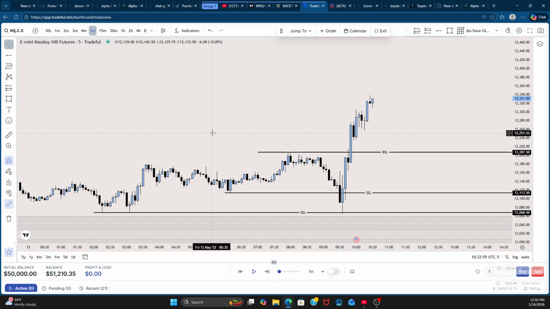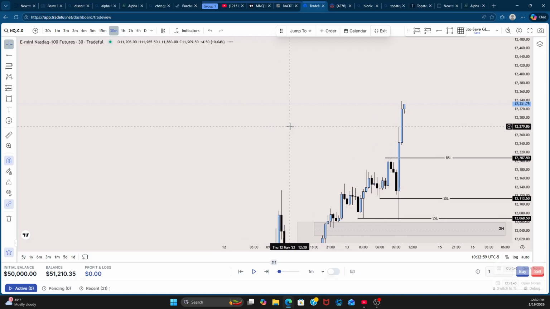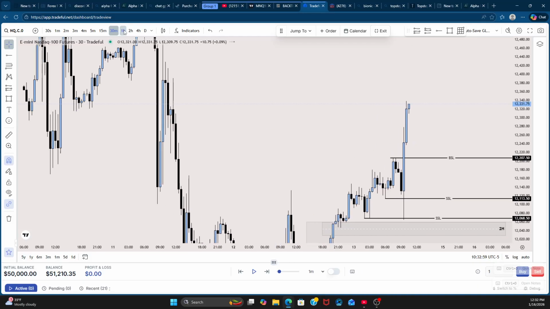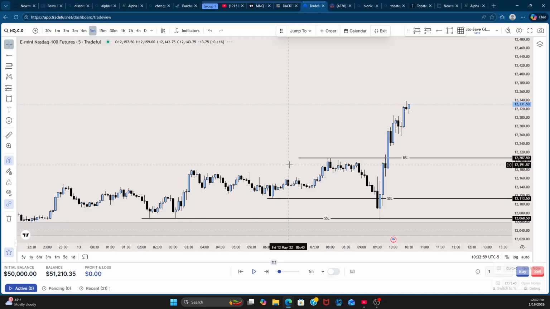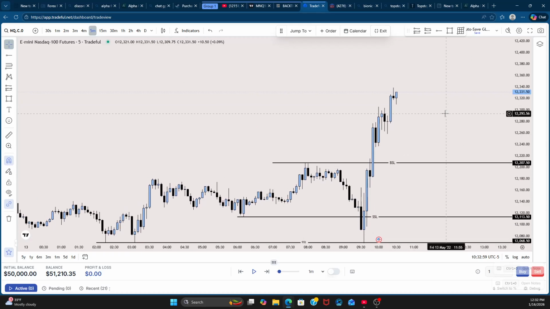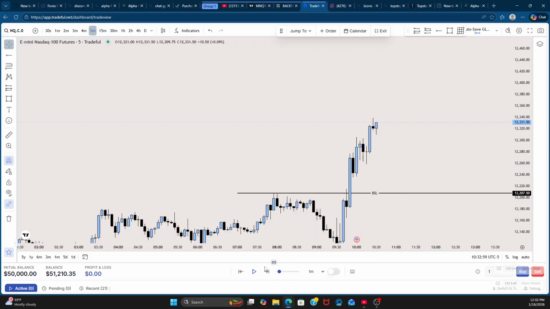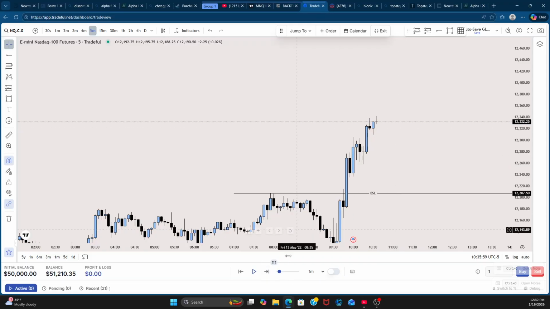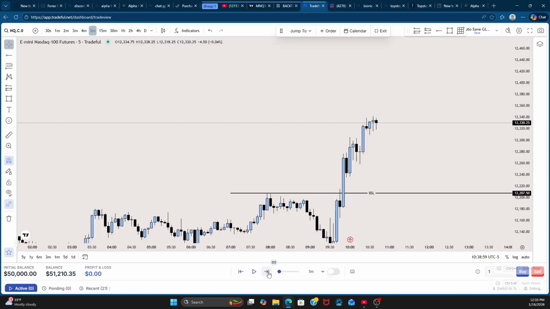Or not, you know. 30-minute gave that inversion now. Can we get a pullback? We have one right here. I'd like to see a little bit of a deeper fill at 10:40. Okay.